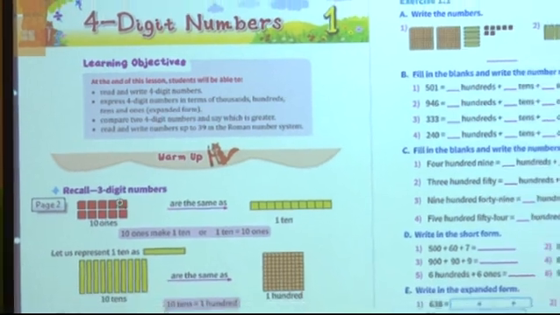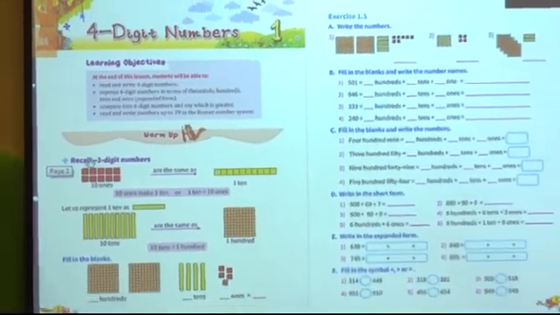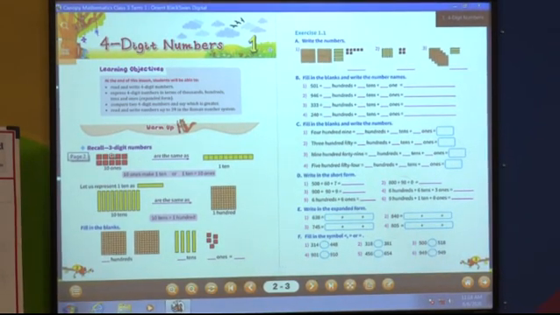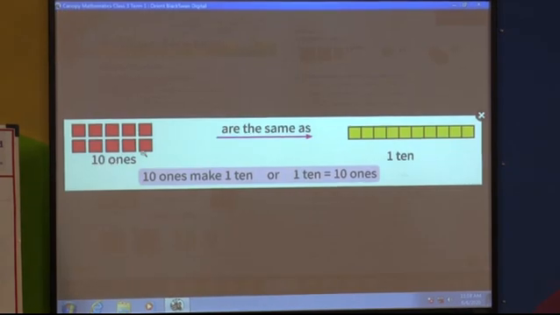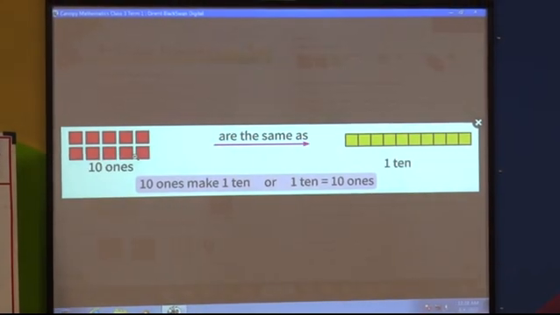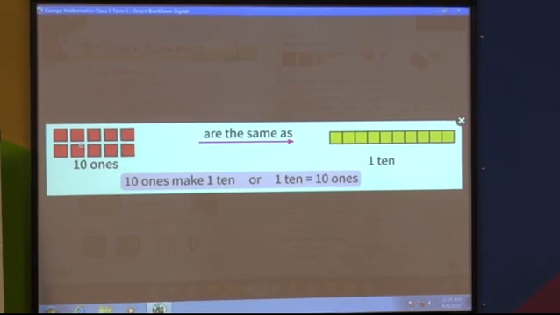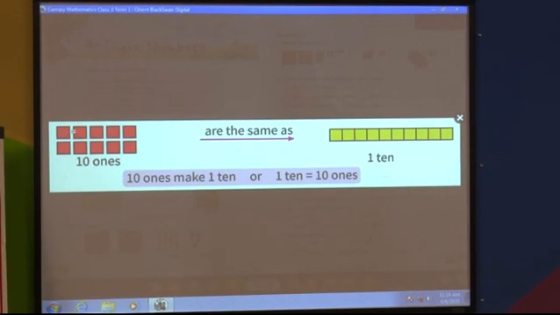3-digit numbers. In standard 2, you have already learned these 3-digit numbers, so we are only going to recall them. Now look at the board, children. How many blocks are there? Count along with me. 1, 2, 3, 4, 5, 6, 7, 8, 9 and 10.